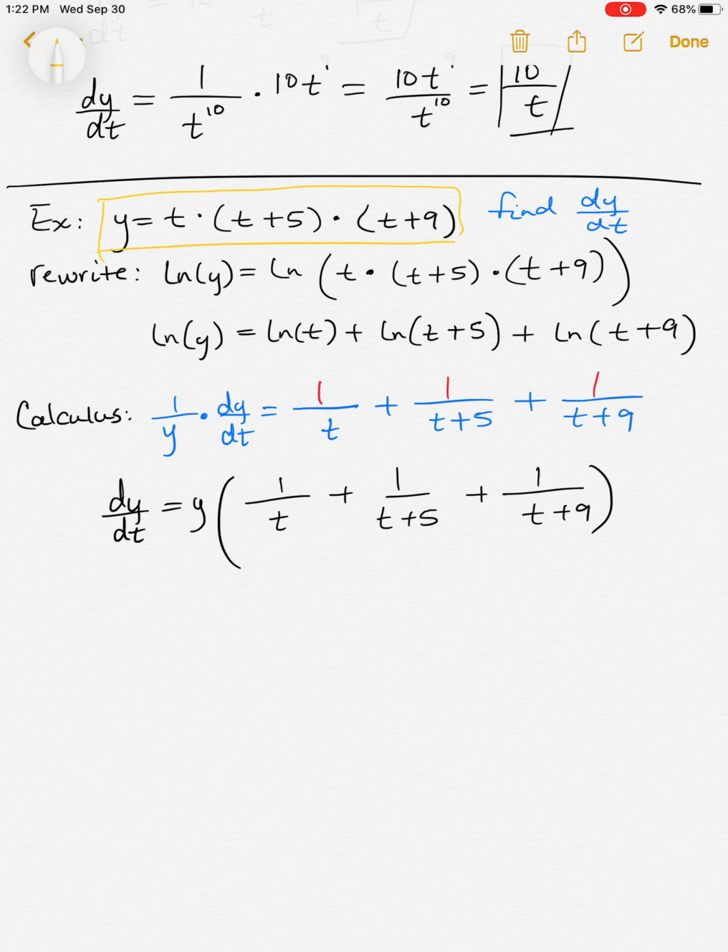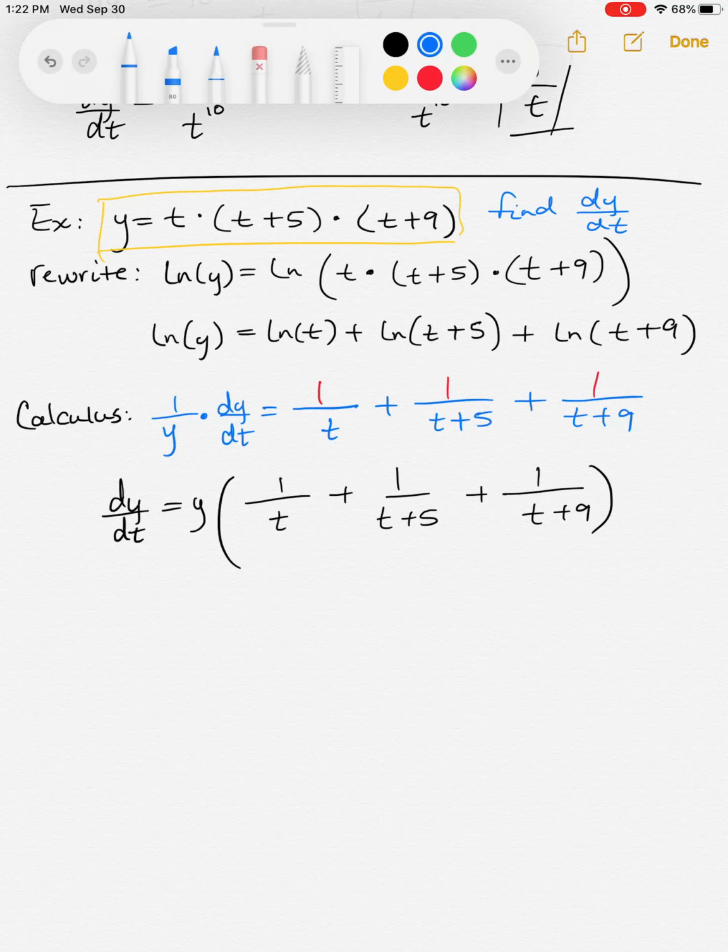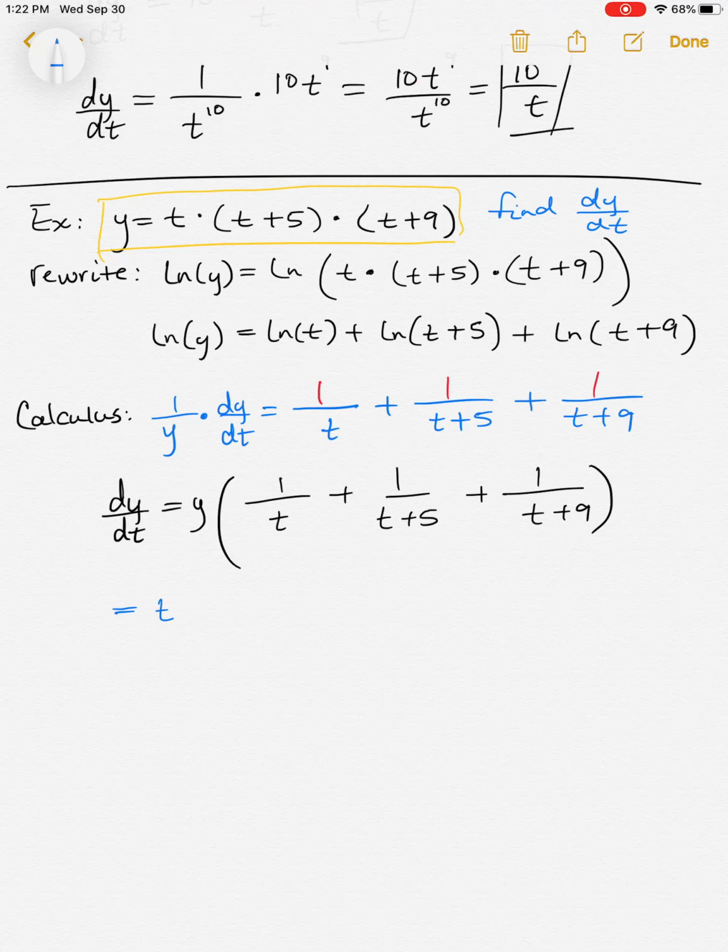So instead of writing y in your solution, you have t times t plus 5 times t plus 9. That is y.